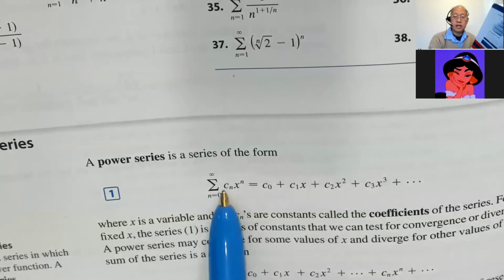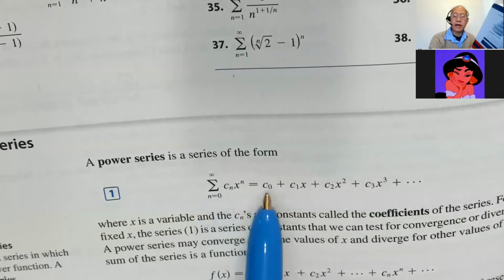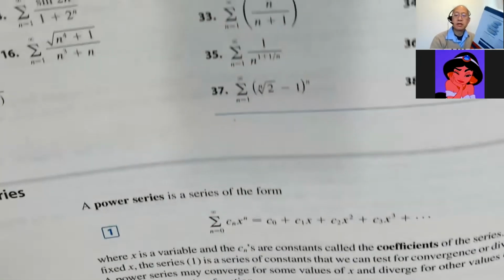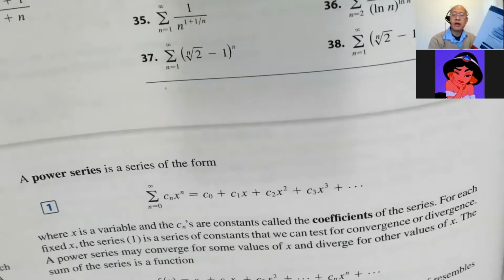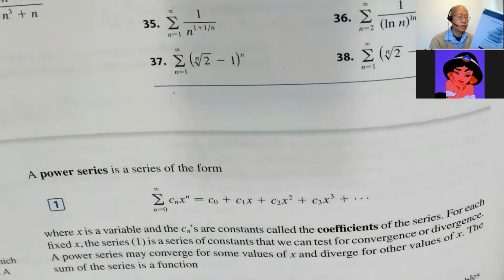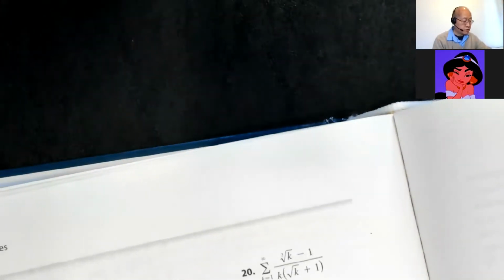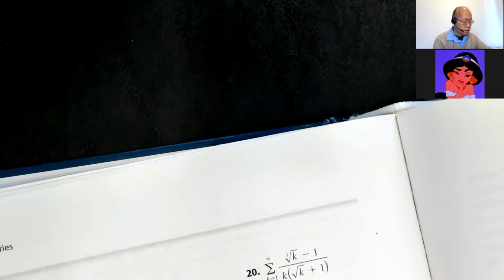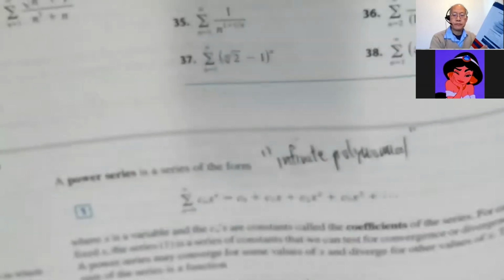The c's are coefficients, Cn x to the n. So C0 x to the 0, and x to the 0 is 1, plus C1x plus C2x squared plus C3x cubed. An easy way to think of it is a polynomial of degree infinity, an infinite polynomial.